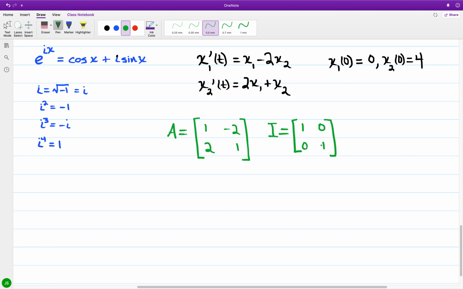And looking at what we have for the eigenvalues, again, we have the determinant of A minus lambda I equal to 0. In the setup, we have 1 minus lambda, -2. For the second row, we have 2 and 1 minus lambda.